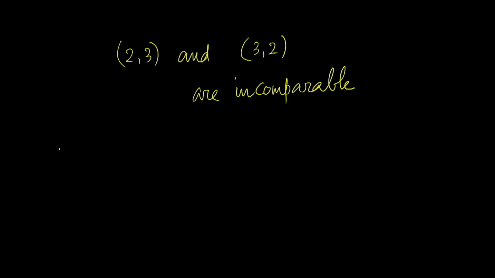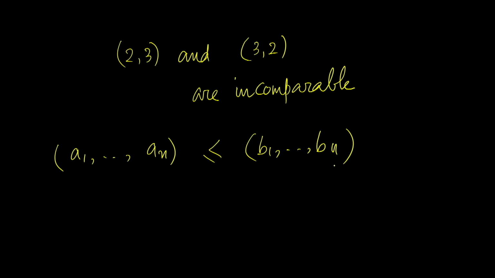Extending this, we can consider ordered N-tuples. We can say that ordered N-tuple A1 through An is less than or equal to or precedes the ordered N-tuple B1 through Bn if Ai is less than or equal to Bi for 1 less than or equal to I less than or equal to N. For every I, it is the case that Ai precedes Bi.